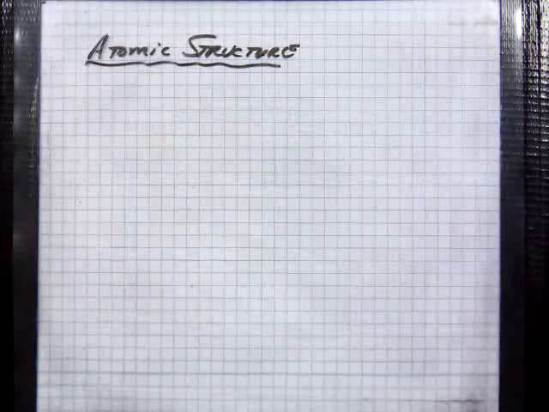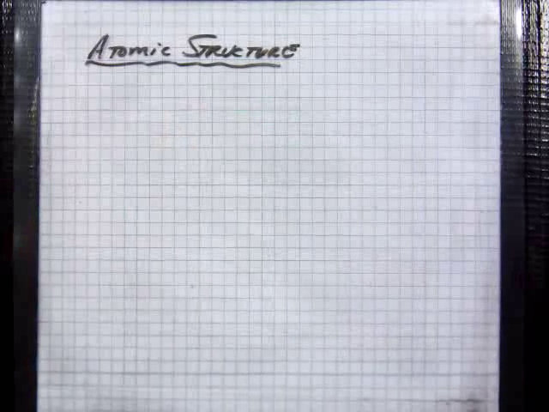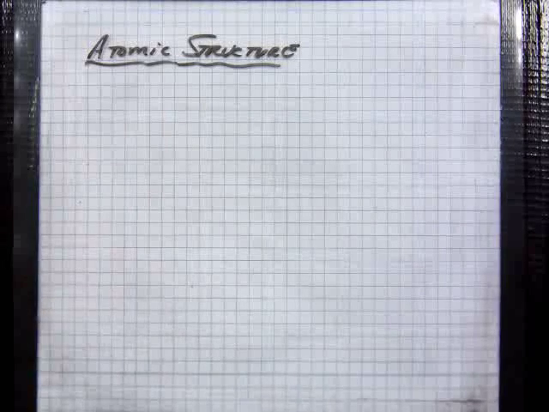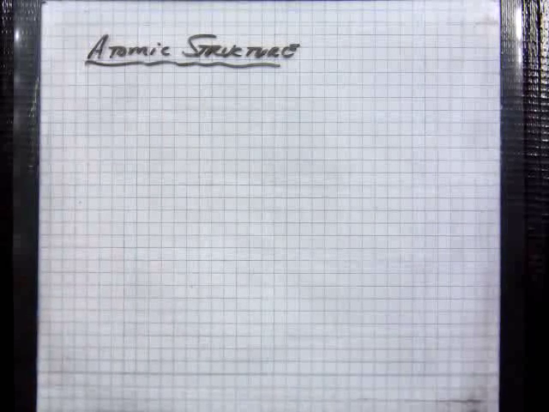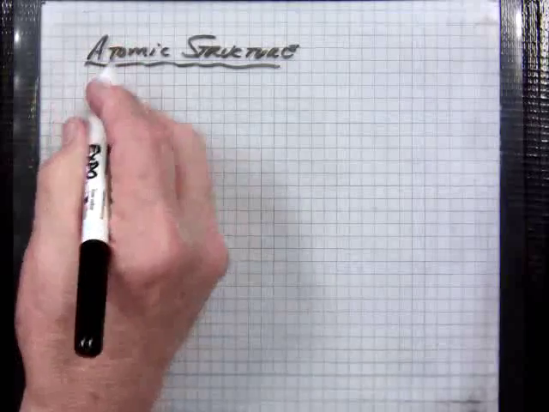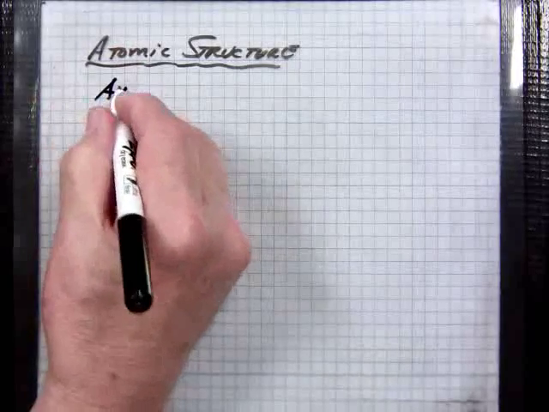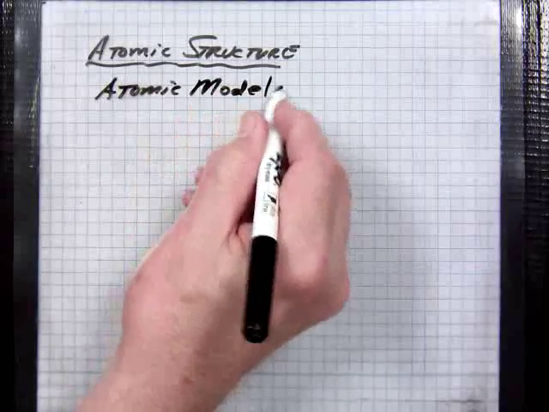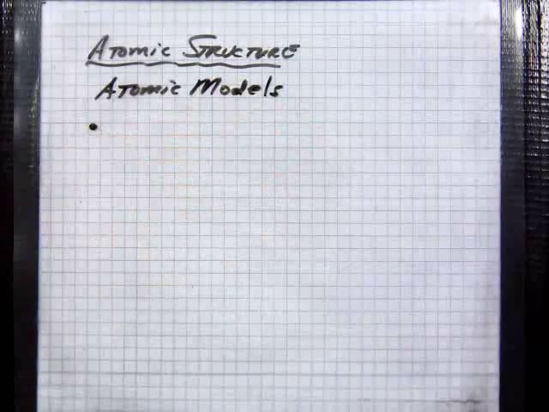Historically, atomic structure evolved through what we call atomic theories or atomic models. And we'll get to those in great detail in the future. But historically, the atomic models included the following four theories.